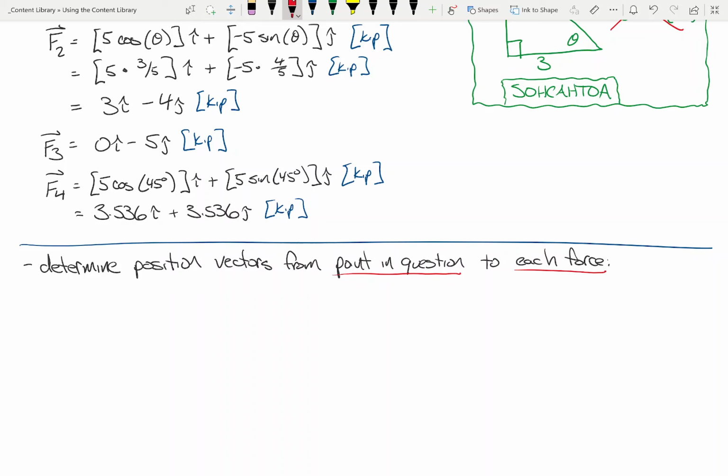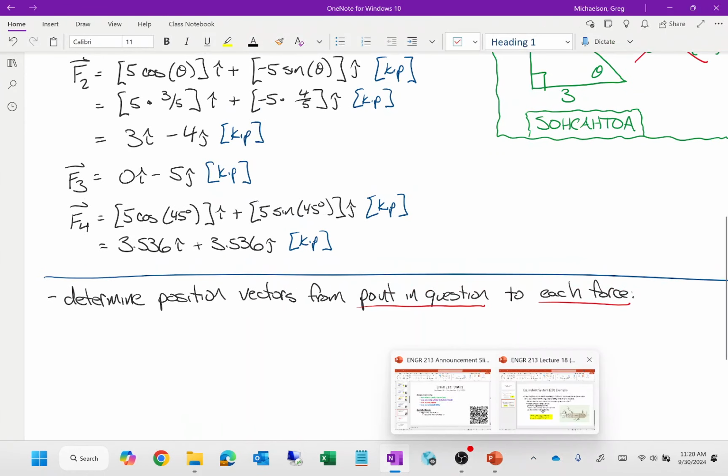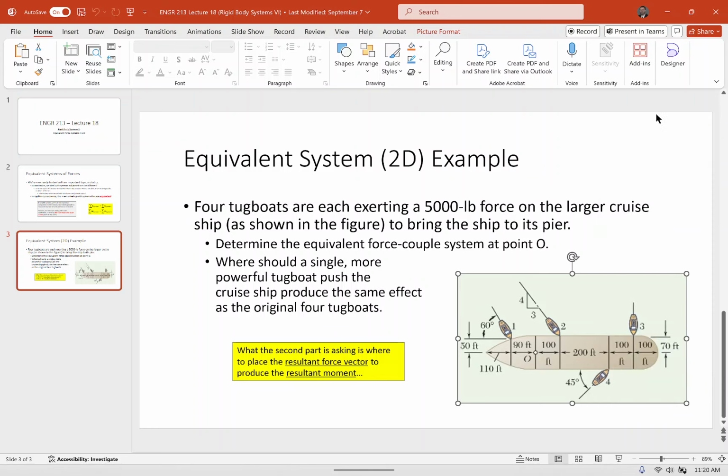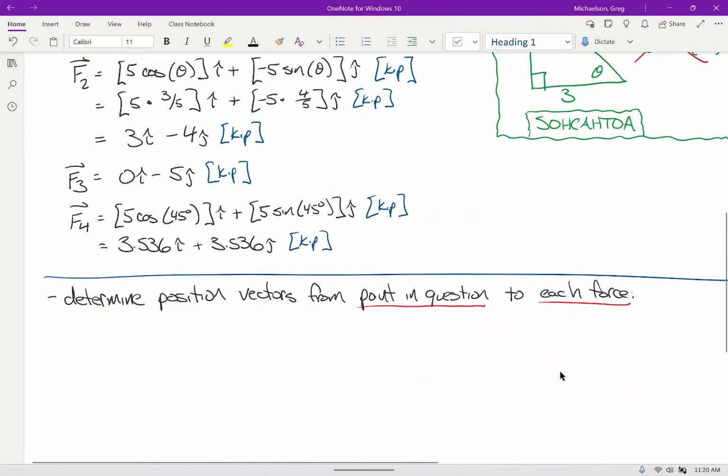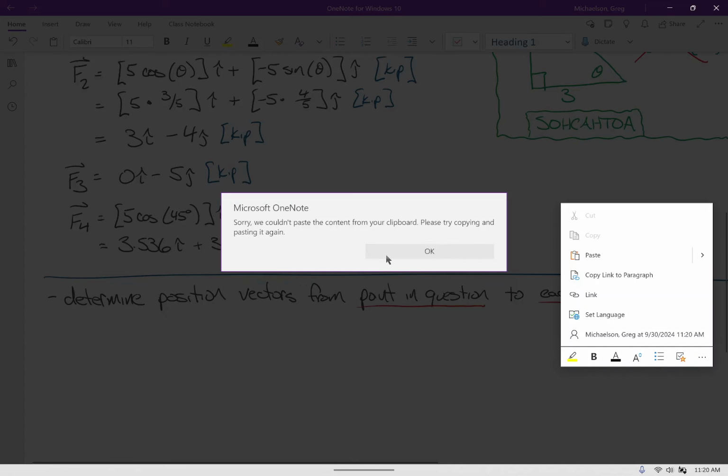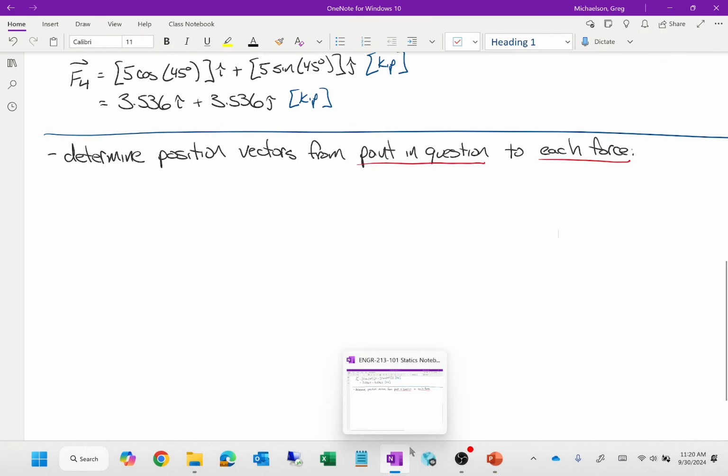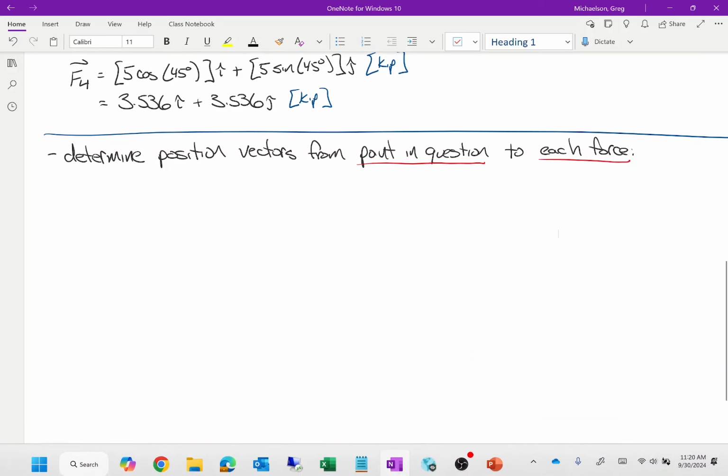So we're going to determine the position vector from the point in question to each force. Let me see if I can cheat a little bit so I don't have to keep scrolling up and down. Are you kidding me?